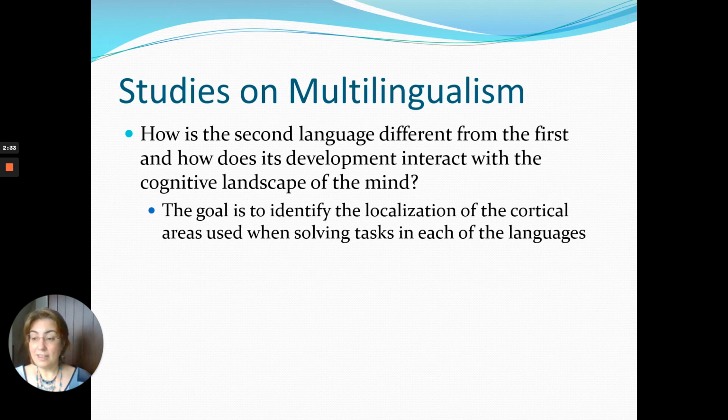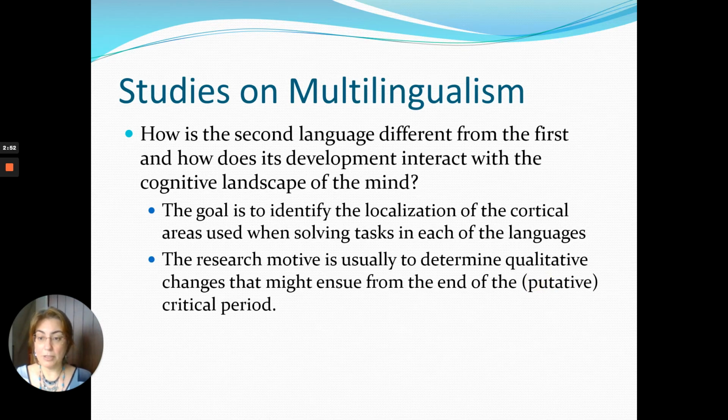And then you see, by deduction, whether the first language is represented in a different place in the brain, or properly speaking, different structures of the brain are involved in the enacting of the first language as opposed to the second language.